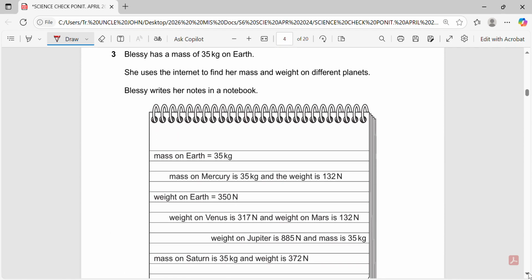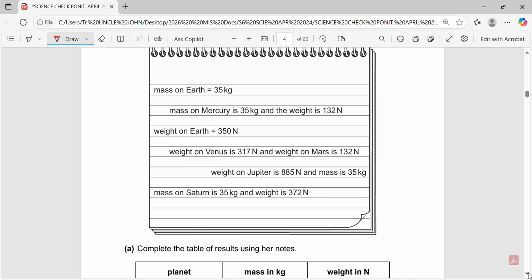Let's proceed with the next one. Question 3. Let's read it together. Blessy has a mass of 35 kgs on Earth. She uses the internet to find her mass and weight on different planets. Blessy writes her notes in a notebook. Mass on Earth, 35 kilograms. Mass on Mercury is 35 kgs and the weight is 132 newtons.